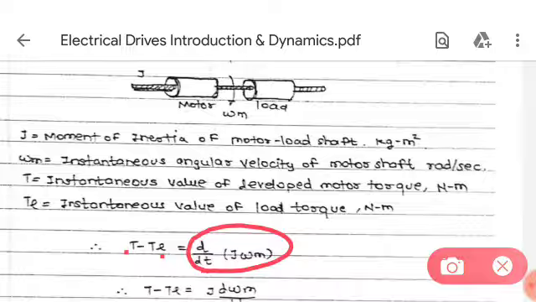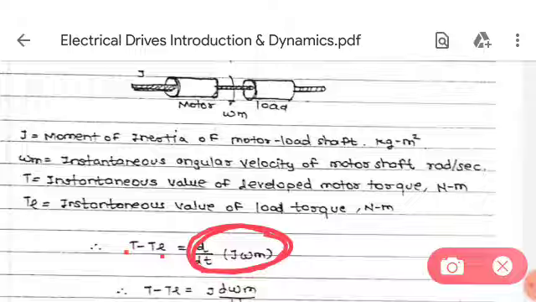So what physically should happen? Load torque is generally in opposition to the motor torque, and if load torque is greater than motor torque, then there has to be deceleration, means reduction in the speed. So this whole quantity is negative, so speed is reducing, that is, deceleration.